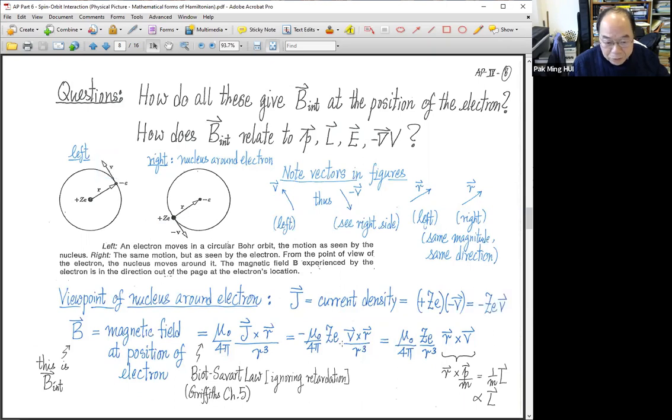Then use the reference, chapter 5. I checked it yesterday. You can find an expression for the magnetic field generated by a current density at a point r, okay? It is given by this. The small current segment is here, pointing at the place where you want to find the B field.